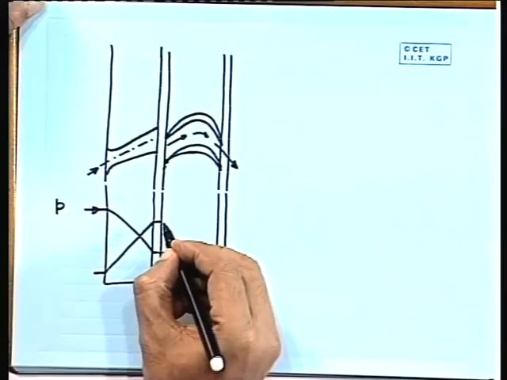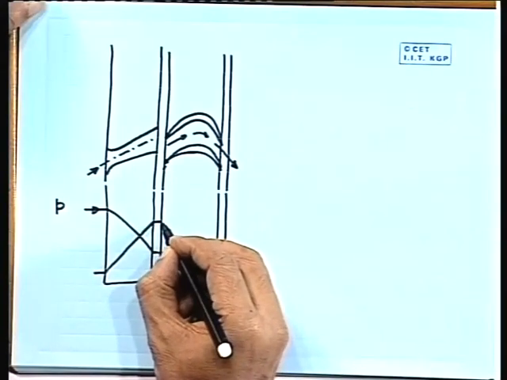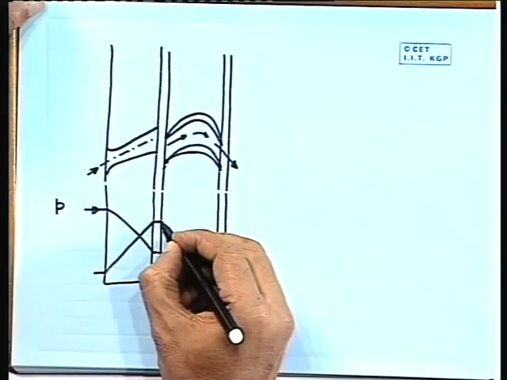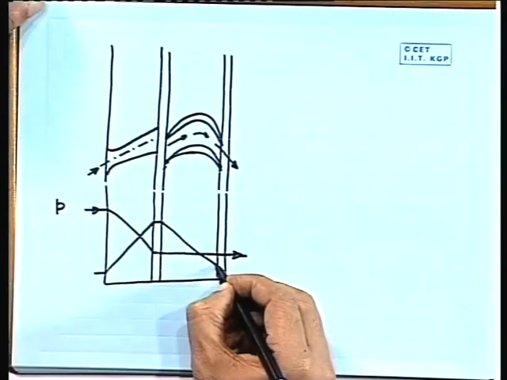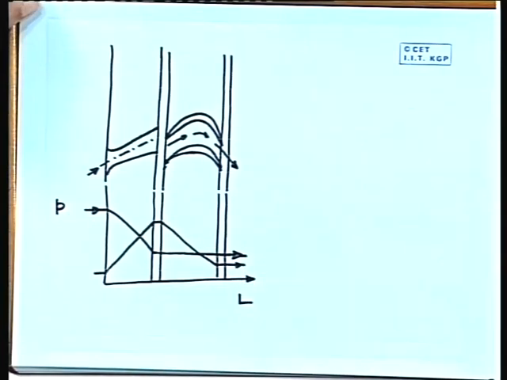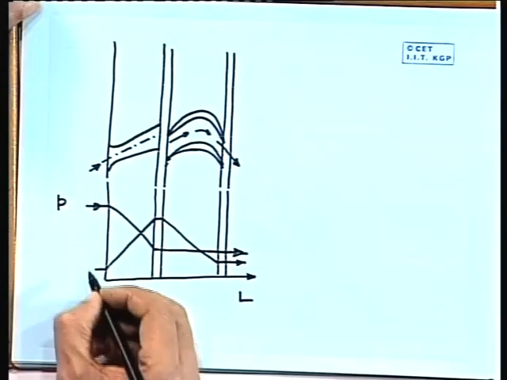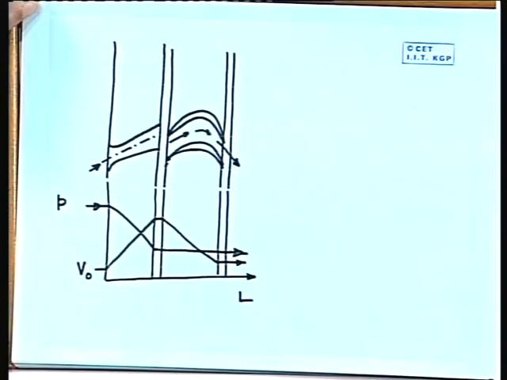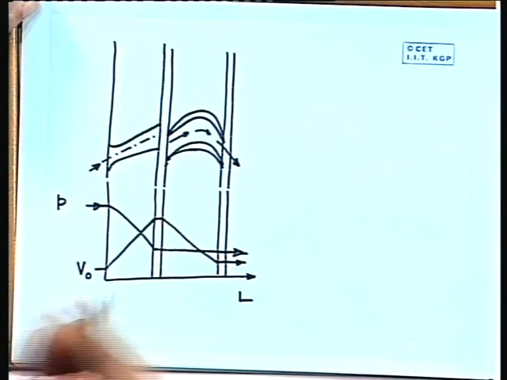Here the velocity will remain constant. After that, when it is again passing through this blade passage, the velocity will fall and ultimately it will come out like this. We can call this V0, the velocity with which it is entering the nozzle.